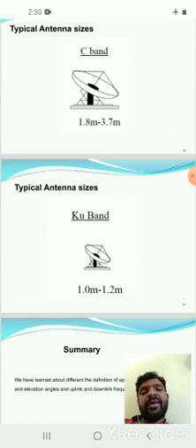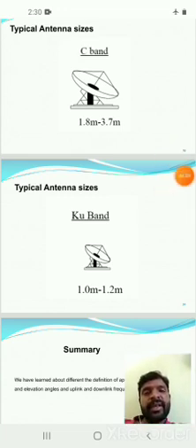For Ku band, the antenna diameter is 1 meter to 1.2 meters. Ku band frequencies are 14 GHz for uplink and 12 GHz for downlink, so the antenna size decreases. For C band, 6 GHz and 4 GHz uplink and downlink, the antenna size is 1.8 to 3.7 meters. So as the frequency increases, the diameter of the antenna decreases.